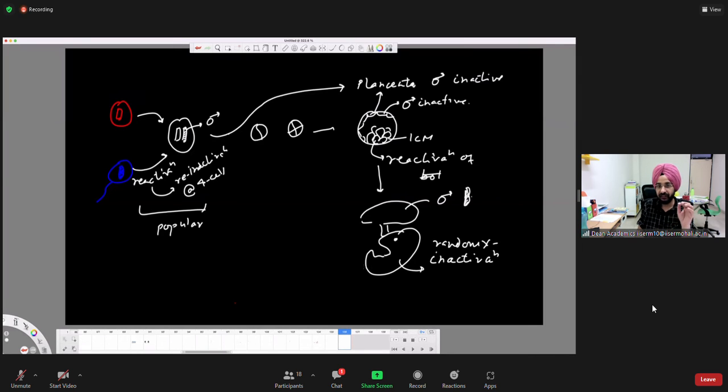One of the X chromosomes will be inactive, whether maternal or paternal depends on this stage. Let's say the skin is developing here. These are the cells where we had the paternal chromosome inactivated, and there will be other cells where the maternal chromosome is inactivated. So you will have different populations, and as they proliferate over time, the embryo grows.